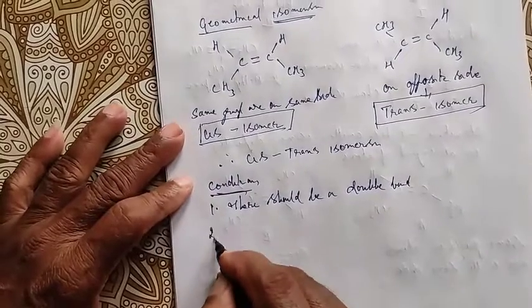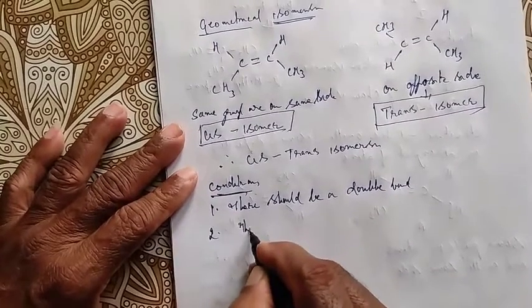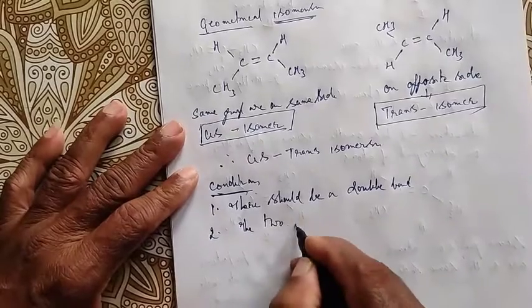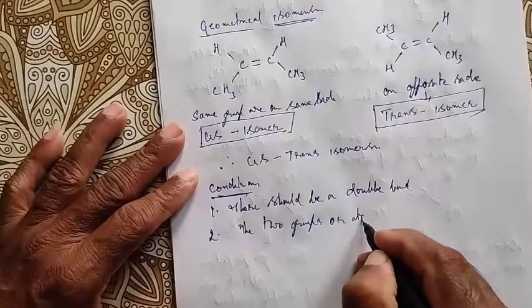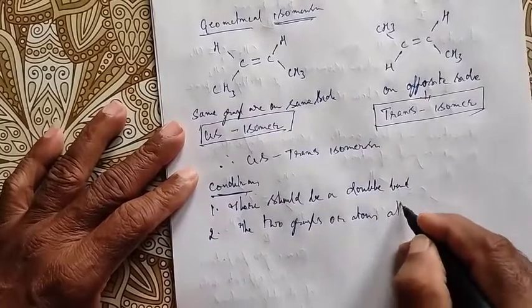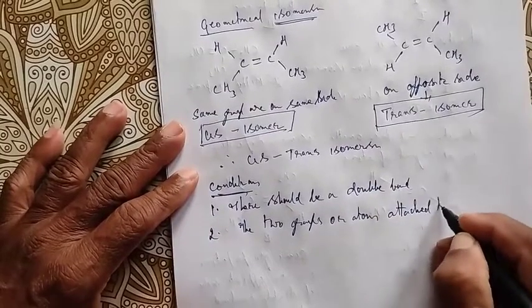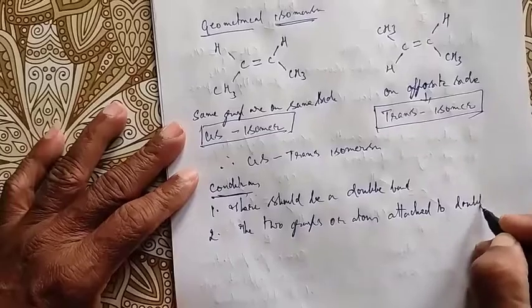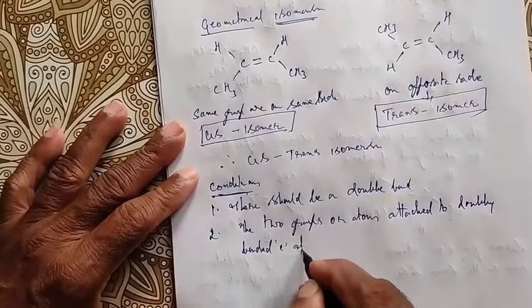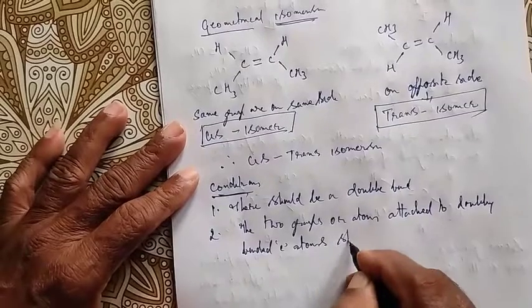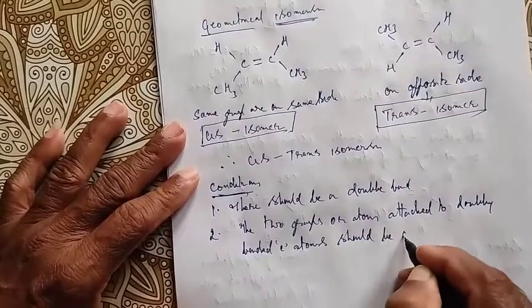And the two groups or atoms attached to the doubly bonded carbon atoms should be different.